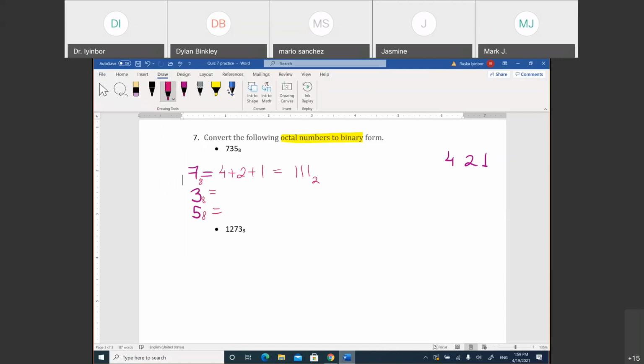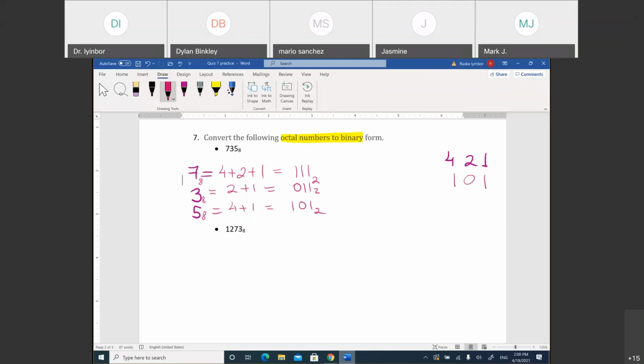So 3 is 2 plus 1, right? So my binary representation is going to be 0, 1, 1. And then 5 is 4 plus 1. So the binary representation is going to be 1, 0, 1, because you have 4 and 1, so when you add them, you're going to get 5. And you fill the middle with 0.